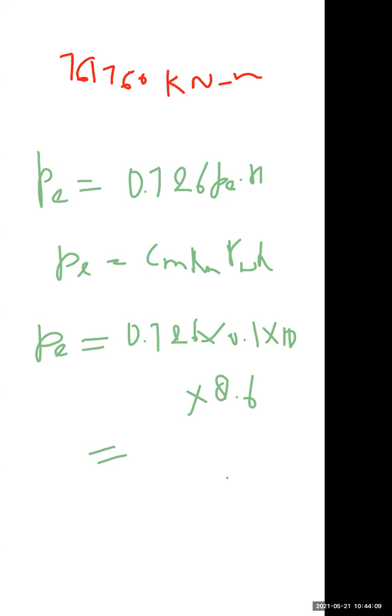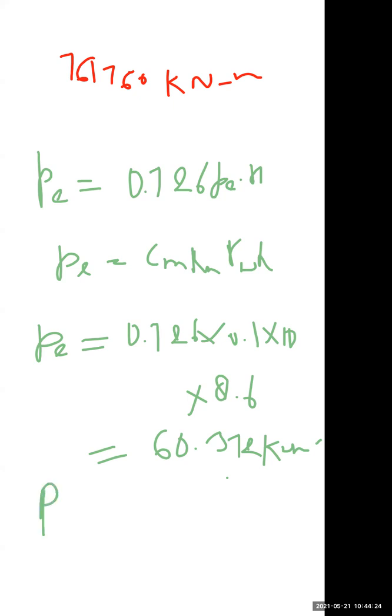So what is the value? Value is 60.372 kilonewton per meter square. Okay, this is the value of PE.